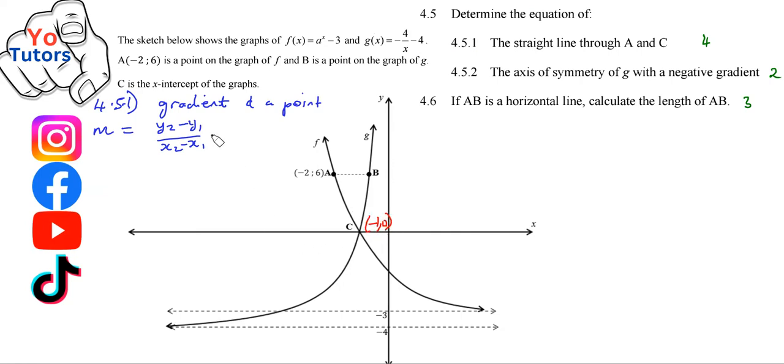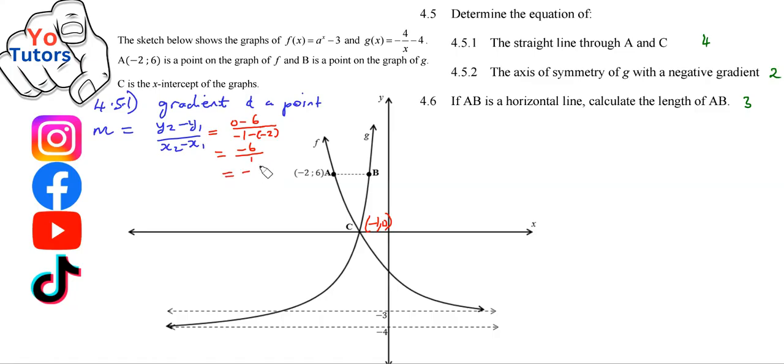In this case, let's take this one as our y2. So it's going to be 0 minus 6 over -1 minus -2, which is going to give us -6 over -1 plus 2. -1 plus 2 is going to be 1.